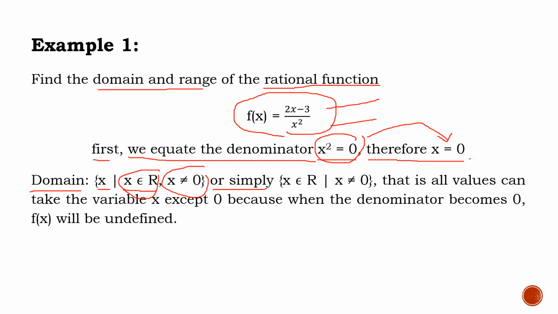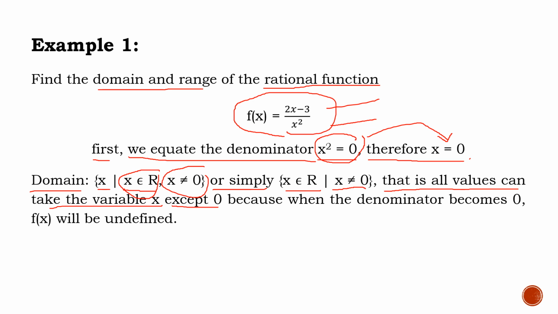Or simply, in a simple thing, that your x is an element of all real numbers. It can be negative or positive numbers, including 0. But in this case, we neglect 0 as a value of your x. That's why x is not equal to 0. That is, all values can take the variable x except 0.